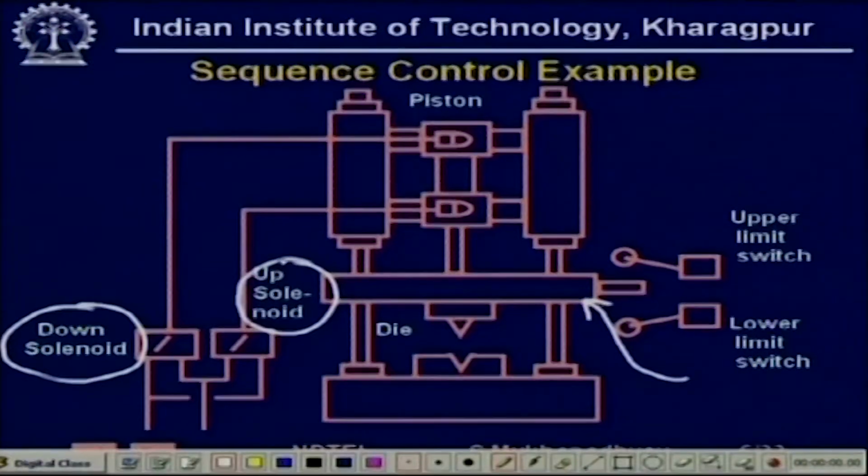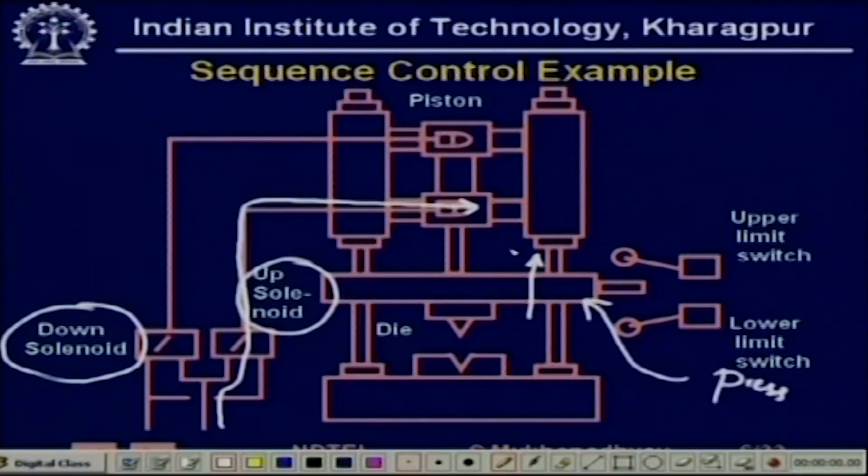If the up solenoid is energized, these are hydraulic presses, so the pressurized fluid flows through this path and goes into the machine. The machine is constructed in such a manner that this press goes up.